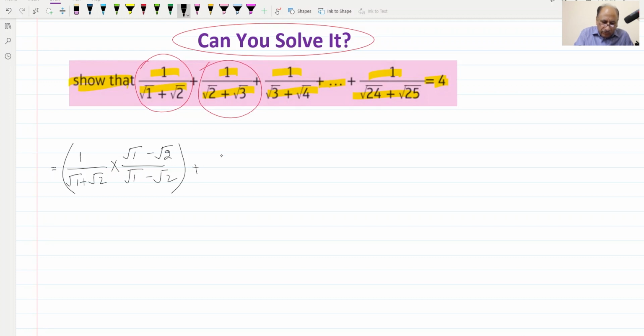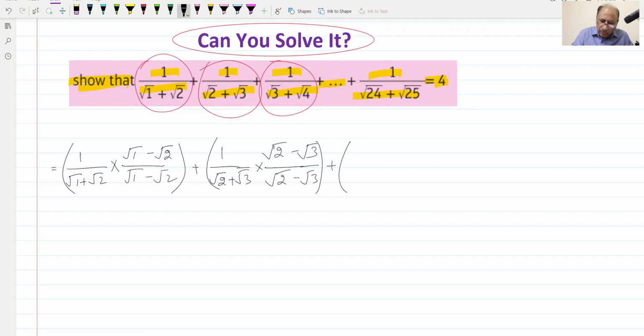So it will be 1 over under root 2 plus under root 3 and multiplied by its opposite sign. This is how we are basically rationalizing. So it will be under root 2 minus under root 3 over under root 2 minus under root 3. This will be our second term.